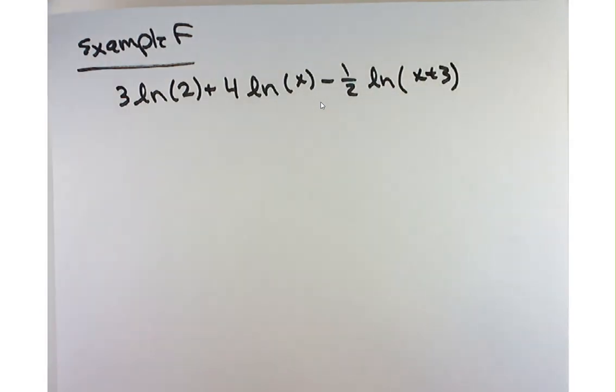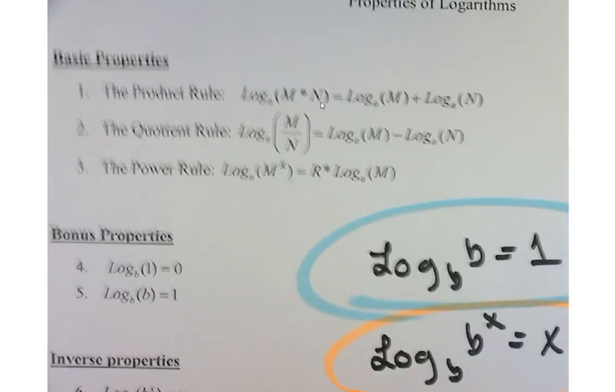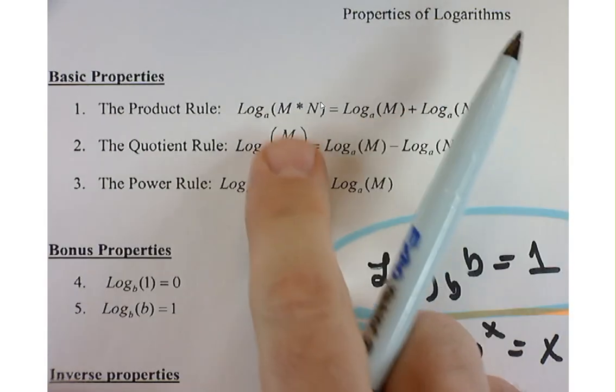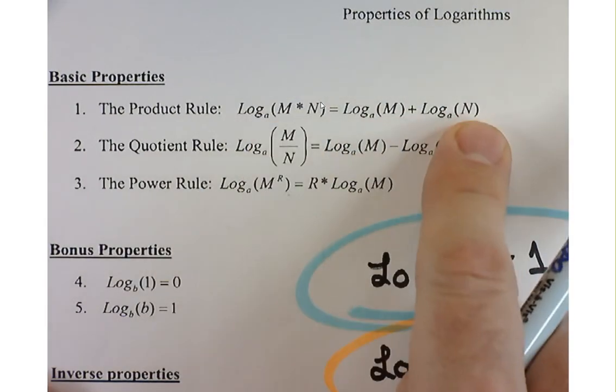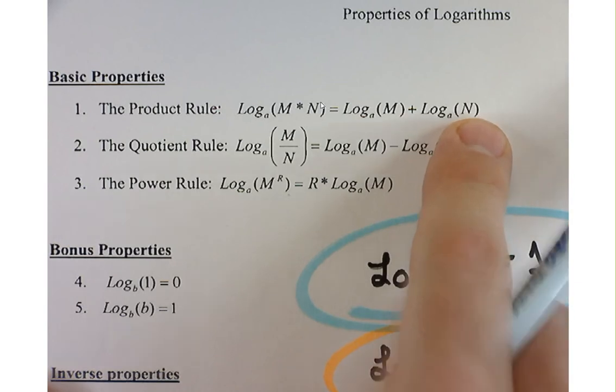The instructions are to write with one logarithmic term. So how do you do that? Well, we're going to use our properties of logarithms in what I keep calling the backwards direction. I think of this way as the forward direction. Here we got to use it backwards.